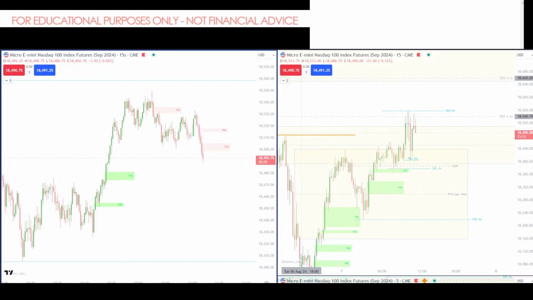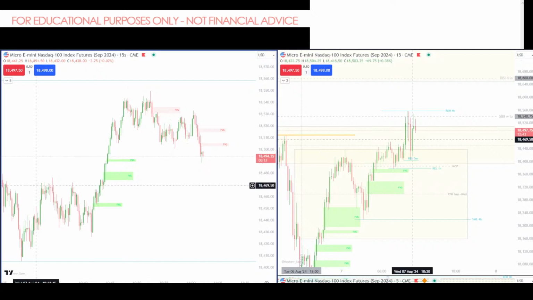Well, we went from down 275 to only down 154. So I'm going to take a break because I need to get back into the right state.